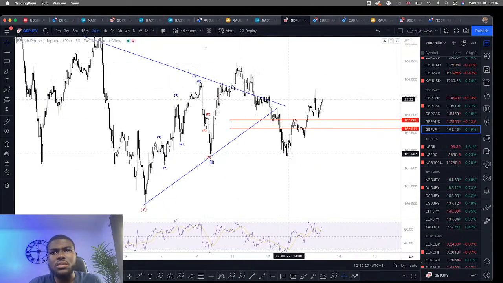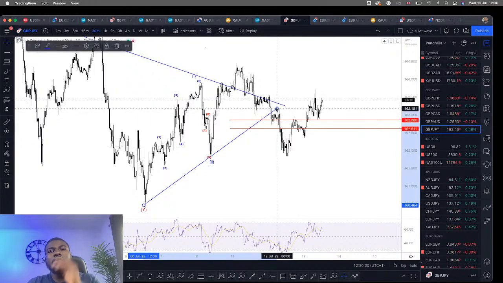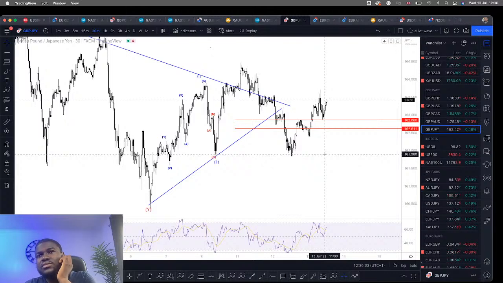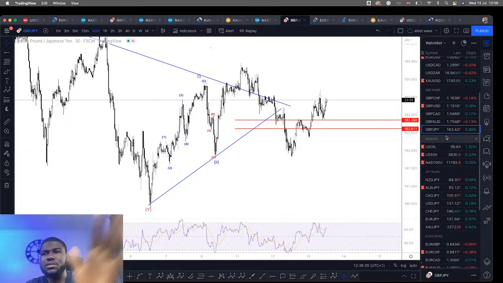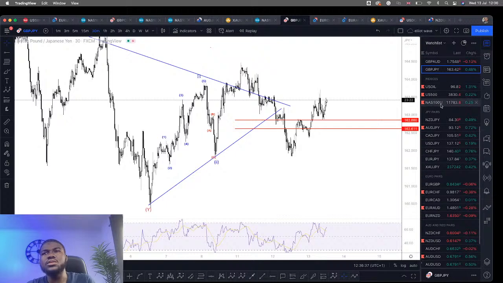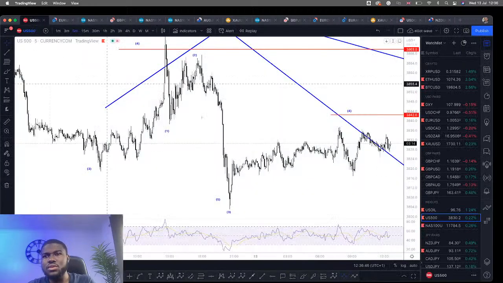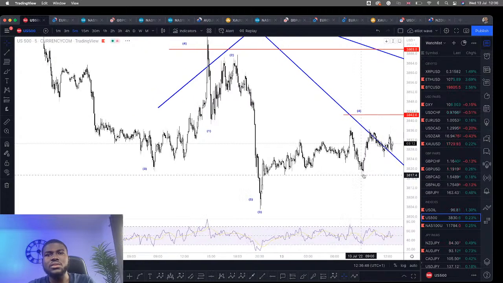Okay, I don't want to rush the analysis for GBPJPY. Let me just leave it on the side and let me quickly go into the indices sphere, which you guys want to see. Starting from US 500, let's see what US 500 has for us.